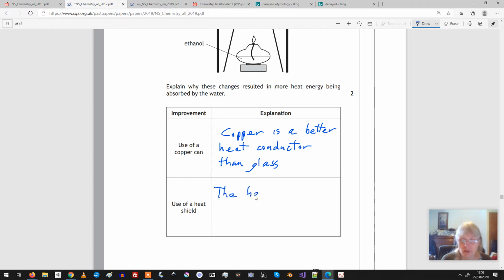The heat shield prevents heat from being lost to the environment.